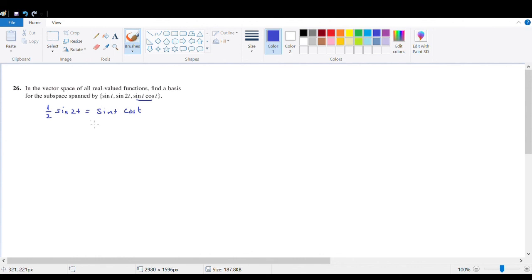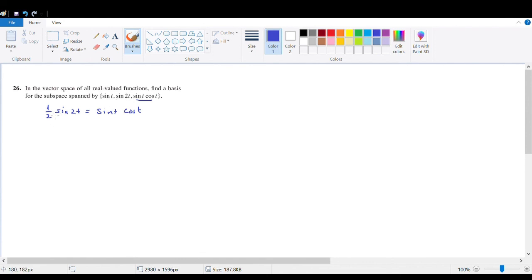So if we take the set sin t, sin 2t, there is no relation between these two, so it is linearly independent, because we cannot write sin t in the form of sin 2t. Similarly, we cannot write sin 2t in terms of sin t only.